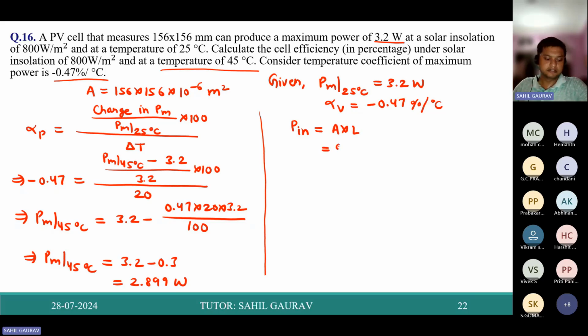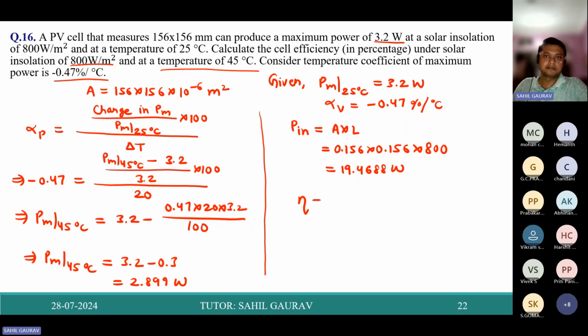So area is 0.156 into 0.156, insolation is given as 800 watt per meter square. So it will give you 19.4688 watt.